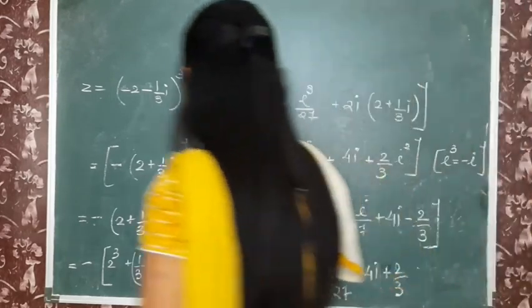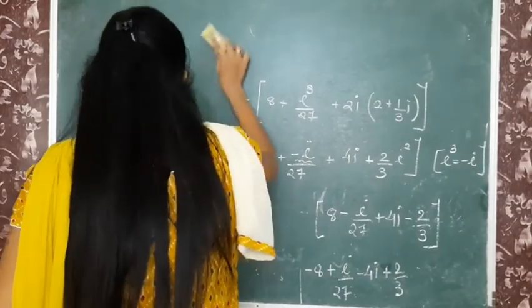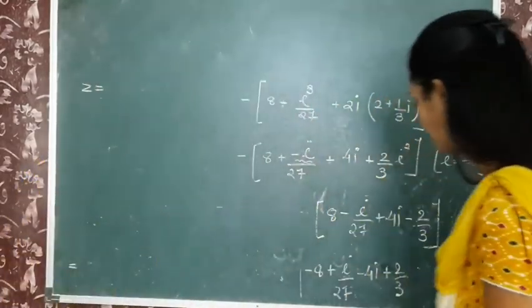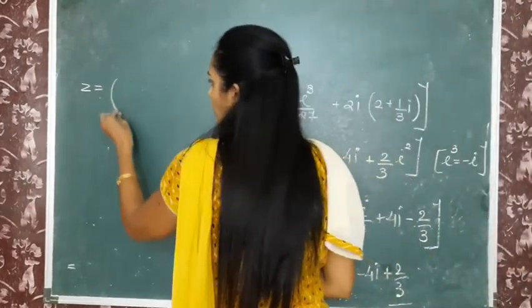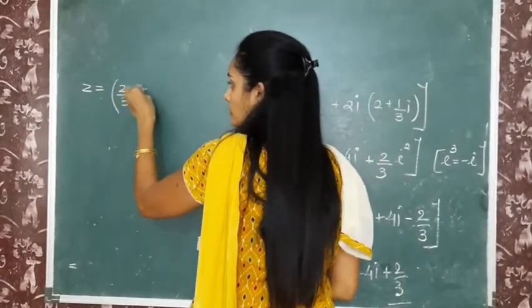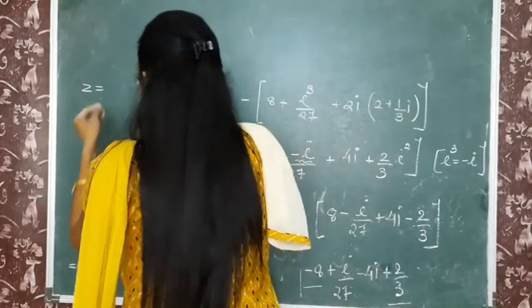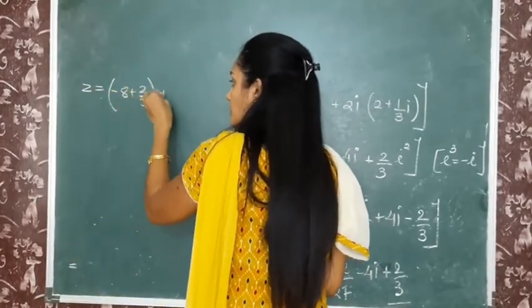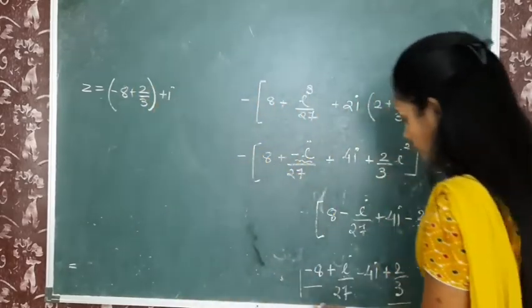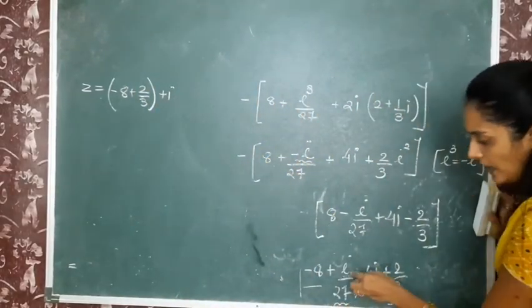Now minus 8 plus 2 by 3 are like terms, so I can write, otherwise you can also write like this, minus 8 plus 2 by 3, and from these two terms we can take i as common.